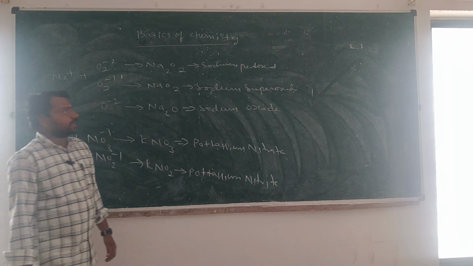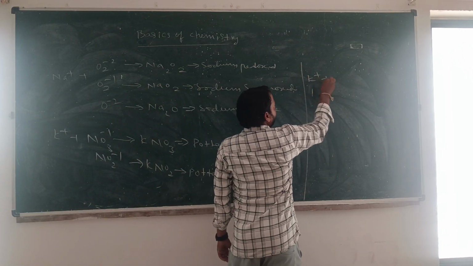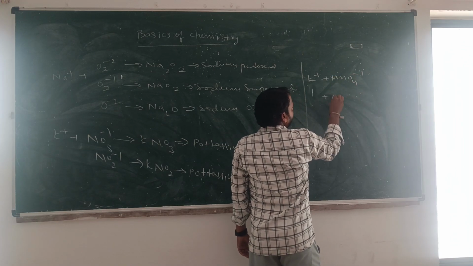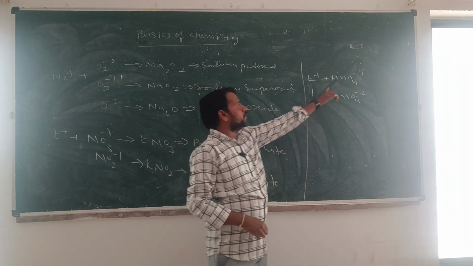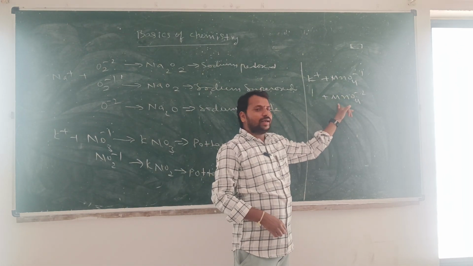Suppose we write other formulas: K+ with MnO4 minus 1 and MnO4 minus 2. From the table we know MnO4 minus 1 is the permanganate anion, and MnO4 minus 2 is the manganate anion.